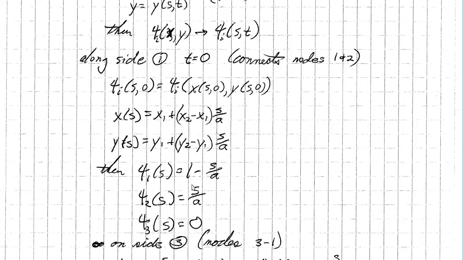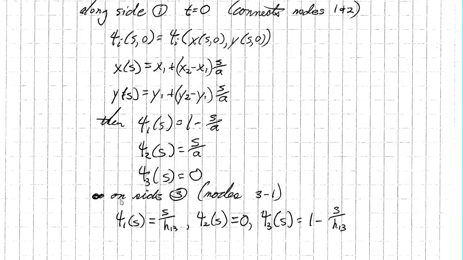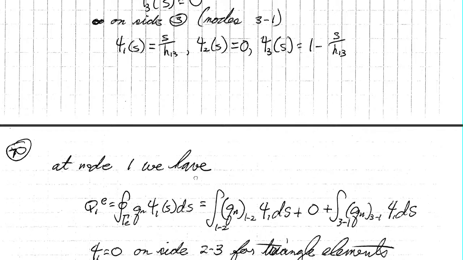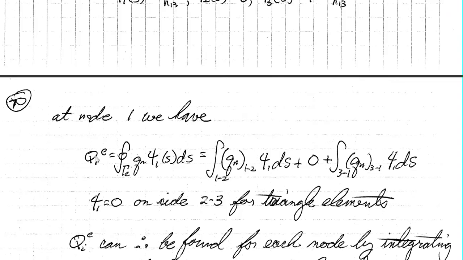On side 3, between nodes 3 and 1, we get something similar. We get these 3 terms, and it's important to note what I want to do is evaluate, let's come back up here, what is Q1. This means the flux at node 1, right? So when I take this contour integral, what we have to do is integrate from node 1 to 2 whatever our flux is.